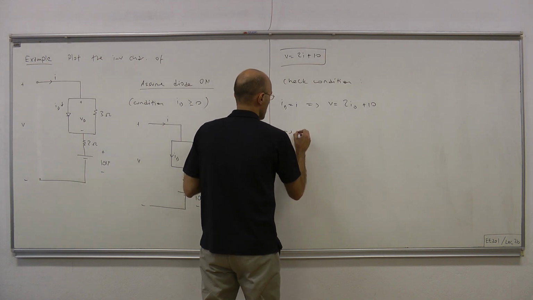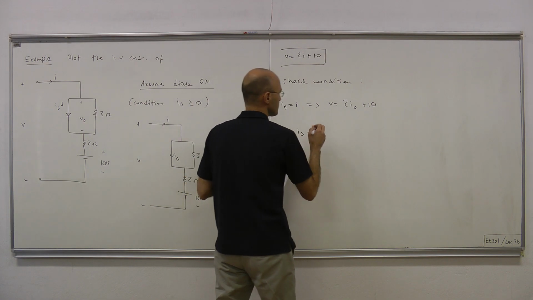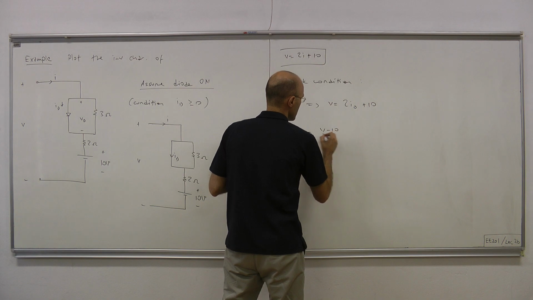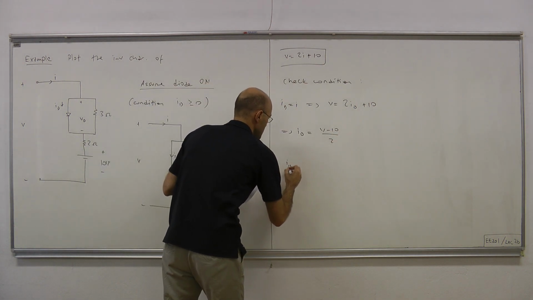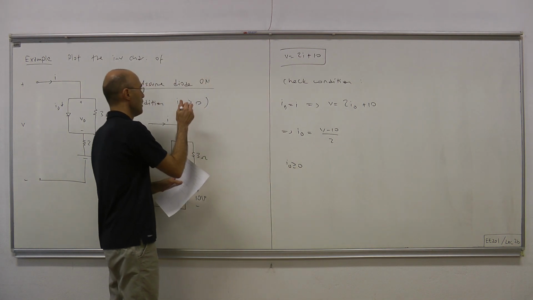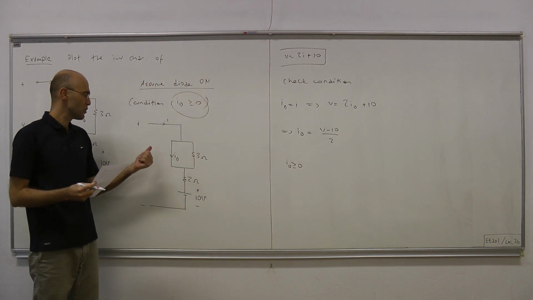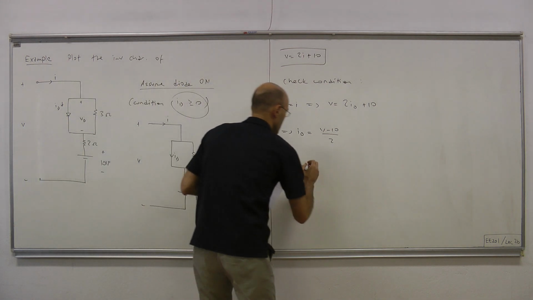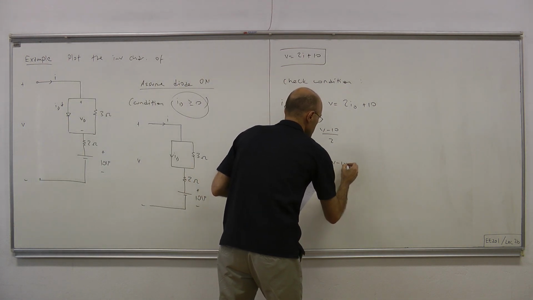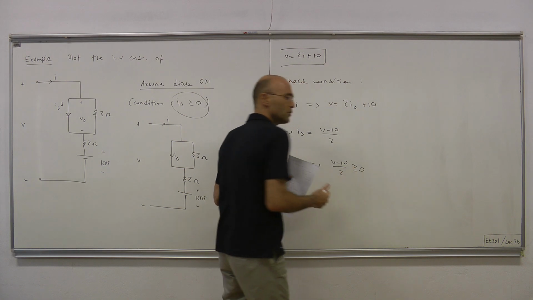So ID equals (V minus 10) over 2, and ID greater than or equal to 0, which is our condition under which we can replace the diode with a short circuit, implies (V minus 10) over 2 is greater than or equal to 0.